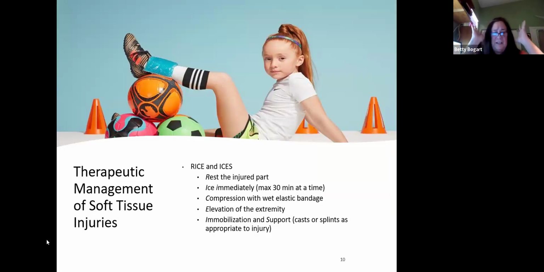Well, the first thing is just to stop, which is rest. I still remember the last time I got up, spiked the ball, came down, and yes, I got that point, but I came down and I killed my ankle. I was out for 2 games because of that. But immediately I got on my back and put my legs straight up in the air because that swelling is instantaneous.